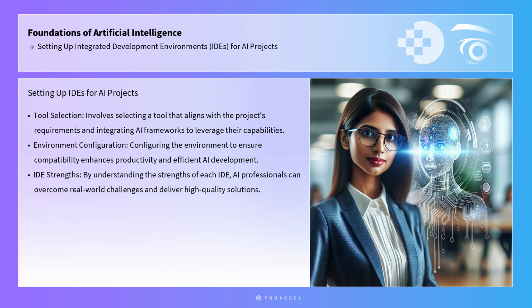By understanding the strengths of each IDE and effectively configuring them, AI professionals can overcome real-world challenges and deliver high-quality solutions. This lesson provides the foundational knowledge required to make informed decisions, optimize workflows, and enhance proficiency in AI development through the strategic use of IDEs.